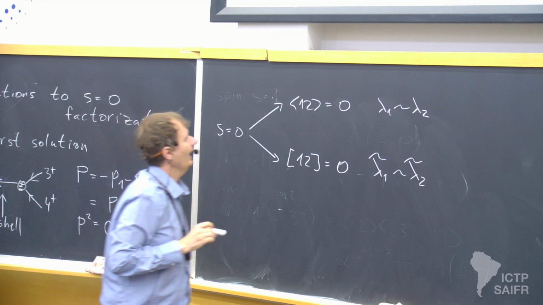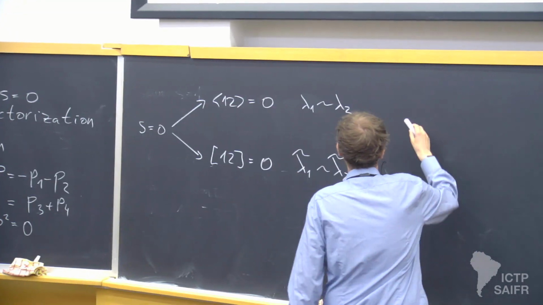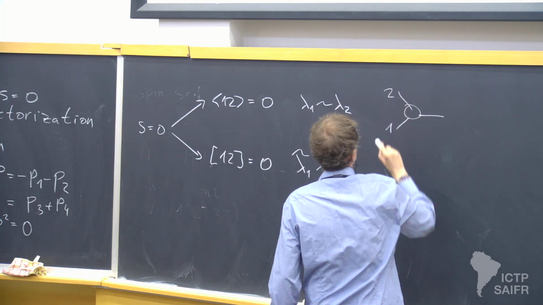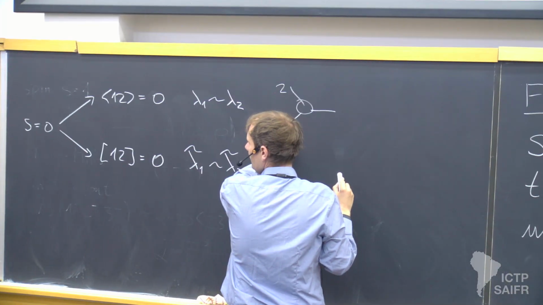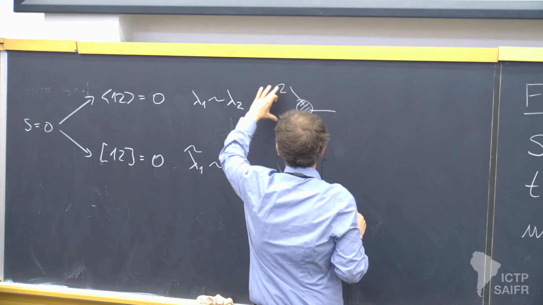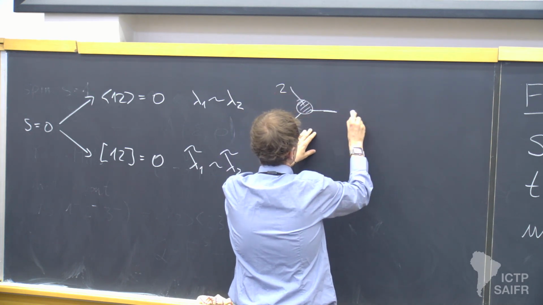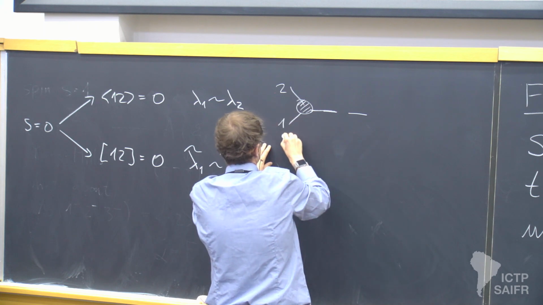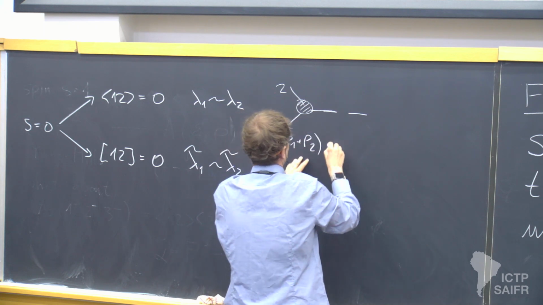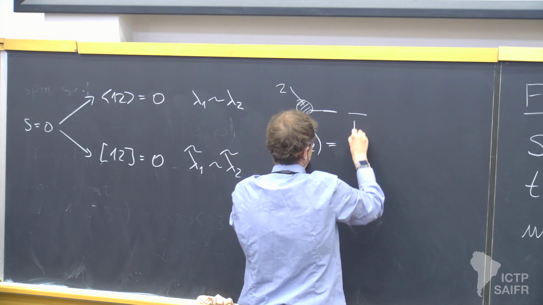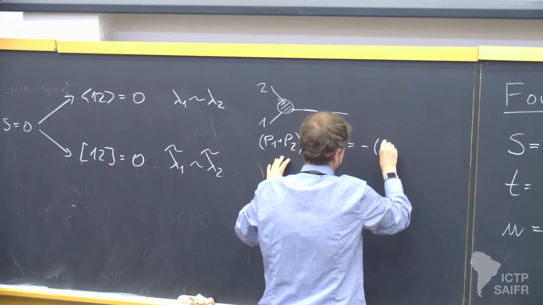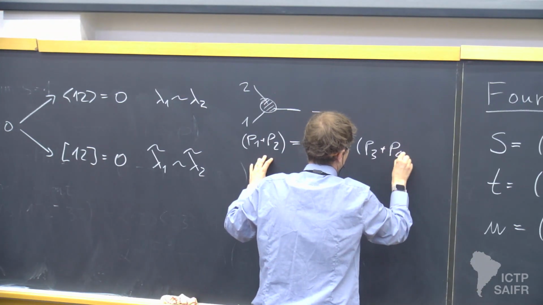And the amplitude will factorize. So we will have 1, 2, and in that case this would be black. And there would be an internal line, and P1 plus P2 will be the momentum of this internal line, and this is the same thing, up to a sign, as P3 plus P4.